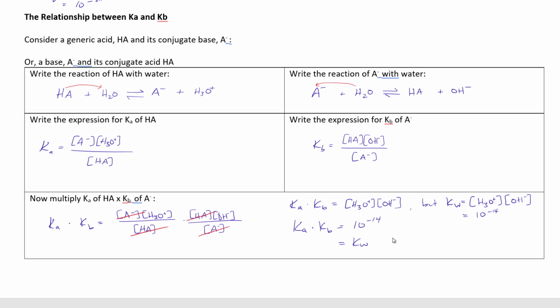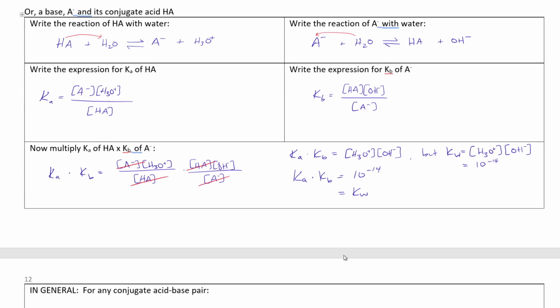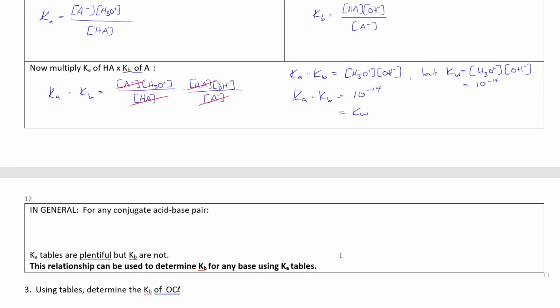Okay. So my conclusion is, if we flip to the next page, in general, for any conjugate acid-base pair, Ka times Kb is equal to 10 to the negative 14. So if I need to find a Kb, I'll basically take 10 to the negative 14, or Kw, and divide it by Ka.